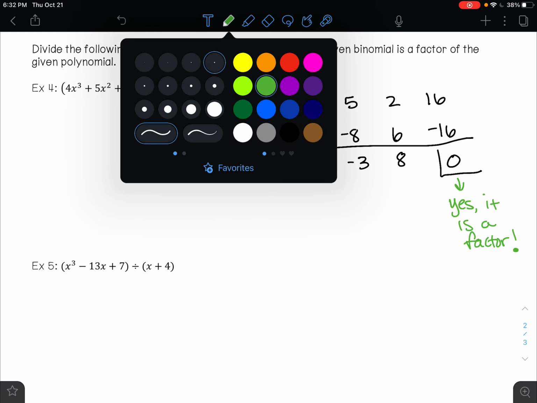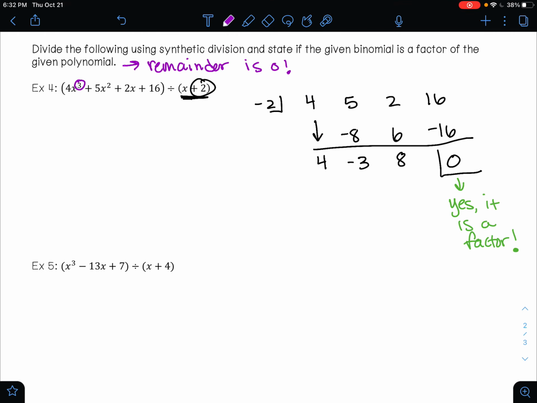So we started with x cubed, so this is going to be x squared, x to the first, and x to the 0th power. So my quotient is going to be 4x squared minus 3x plus 8. This is my answer. Why don't you go ahead and pause the video and try example 5 on your own, and then we'll meet back up here in a second.